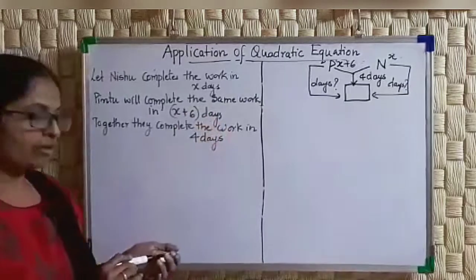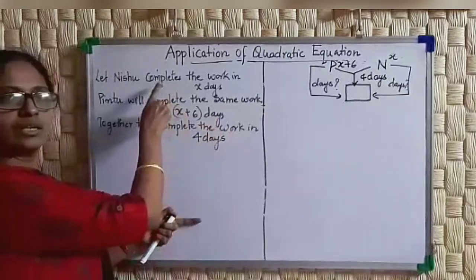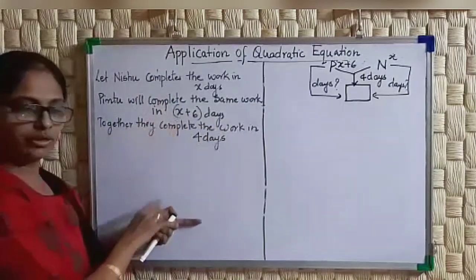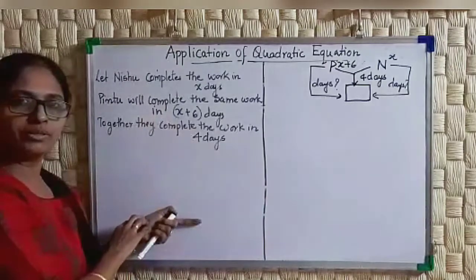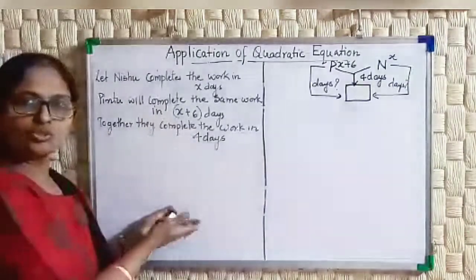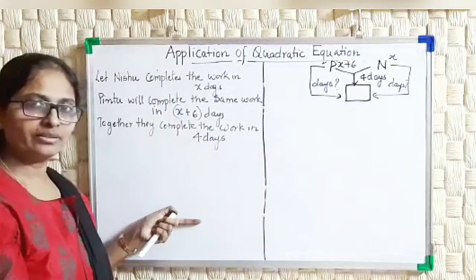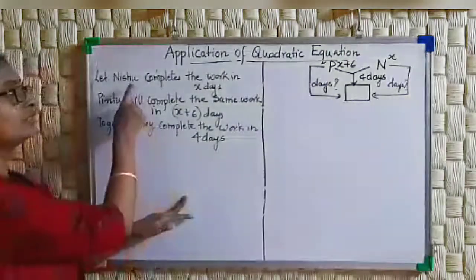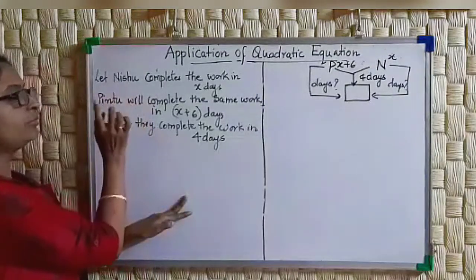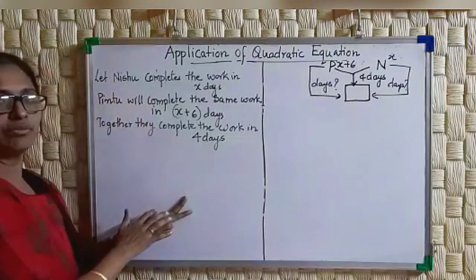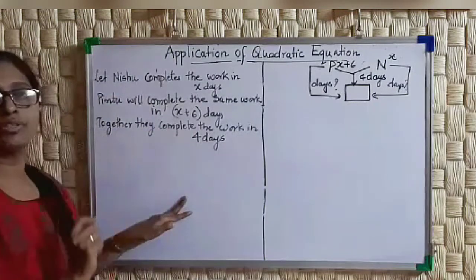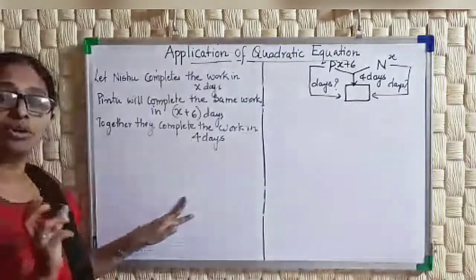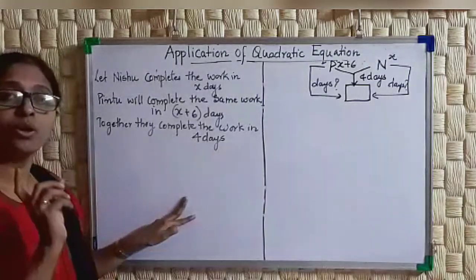Now, if we add the number of days required by Nishu to complete the work to the number of days required by Pintu, it's not going to be just 4 days, it's going to be something more than that. So, what we are supposed to do here is find out how much part of the work will be done by Nishu in 1 day and the part of work done by Pintu in 1 day, and similarly, if they work together, how much part of the work they will be able to complete in 1 day.